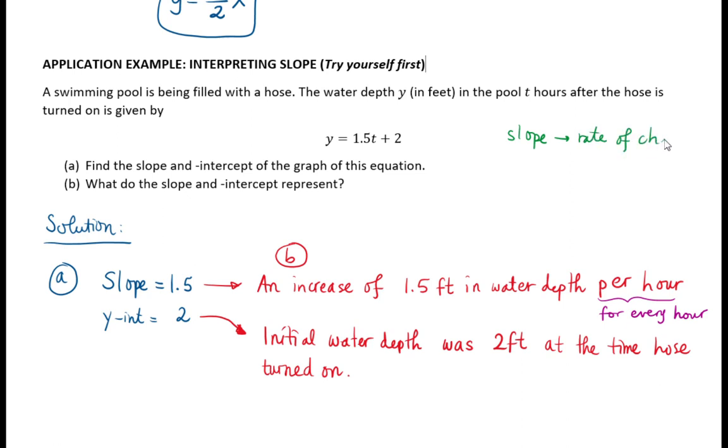We're going to talk about this in different videos, but that's the rate at which this y is changing, and this y-intercept is the initial value for that particular model. So the initial value is just 2 feet because y is given in terms of feet, and at each hour the water depth is increasing by 1.5 feet.